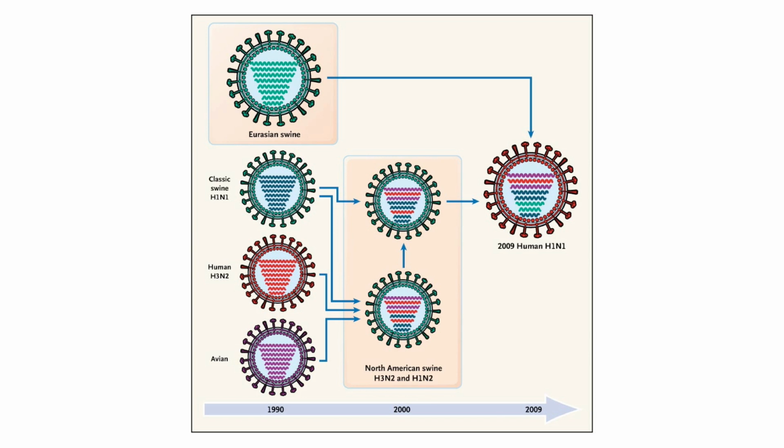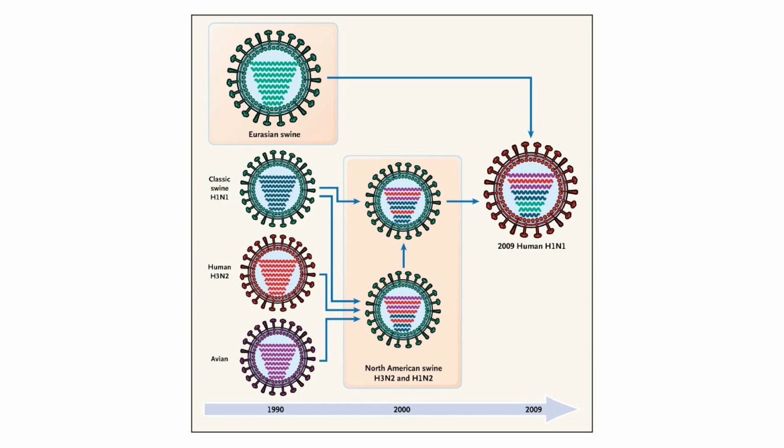This 2009 virus was a reassortment of the Eurasian swine influenza virus, a classic swine influenza virus, a human H3N2 virus, which had been circulating since 1968, and an avian influenza virus as well. And there were some intermediate reassortments that occurred, but the final one that took off contains genes from all these viruses.